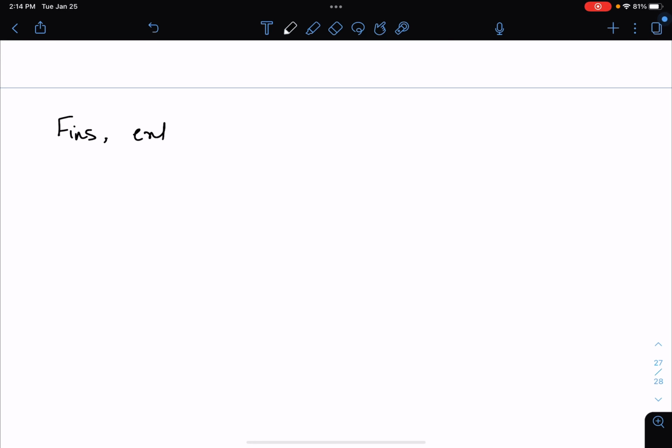Fins or extended surfaces. What are fins? Does anyone want to give an answer to what are fins? Don't they increase the surface area so you have more?